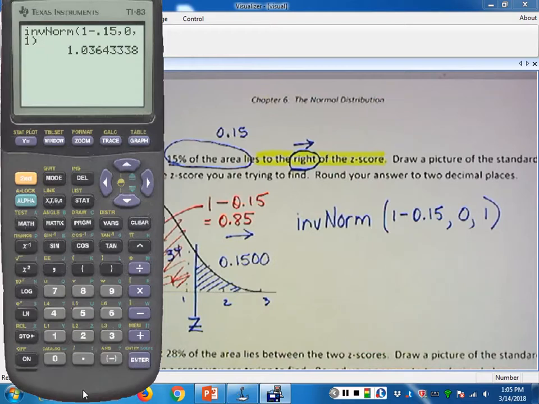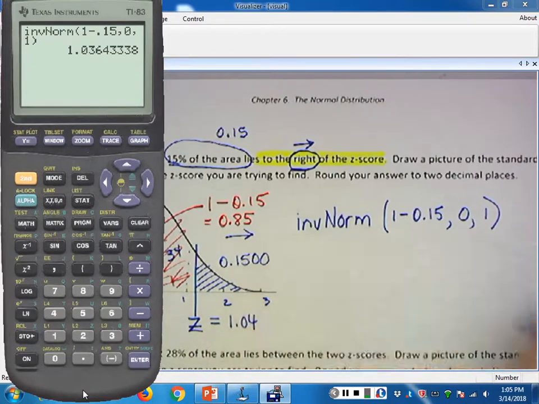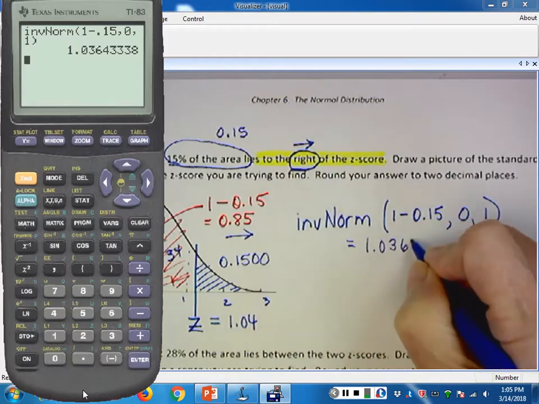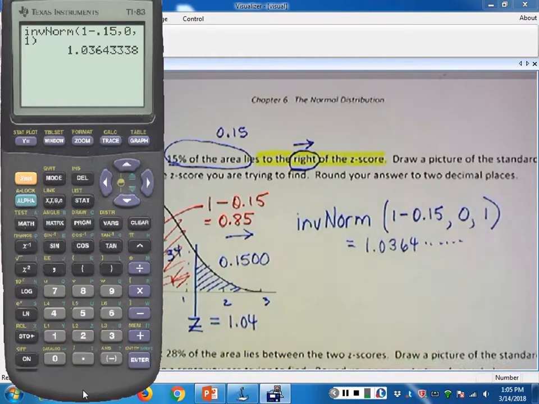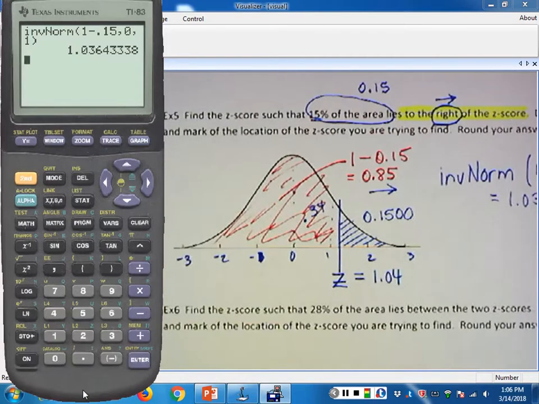And it says that z-score is 1.036, which we'll round off to 1.04. And that answer, if you look at the picture, does make sense because it should be a little more than 1. It is between 1 and 2, and it's a little more than 1.